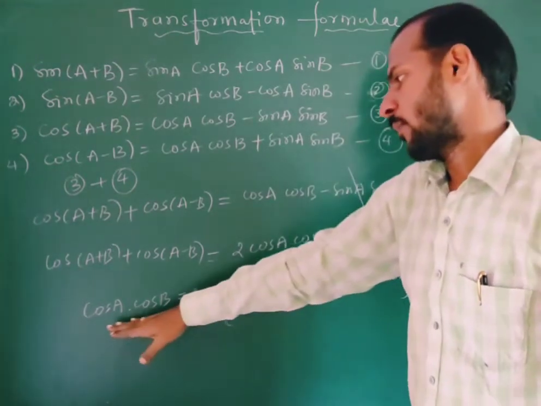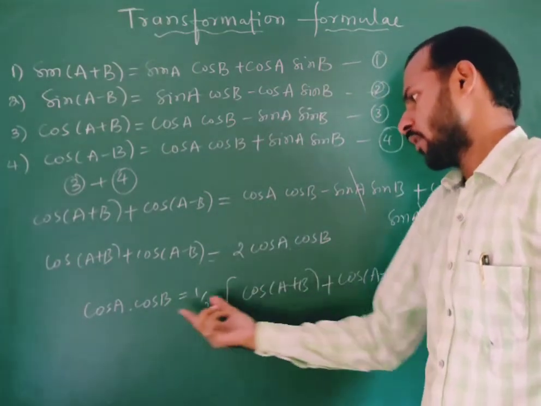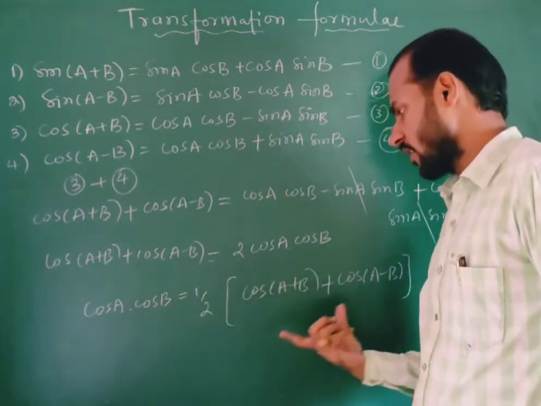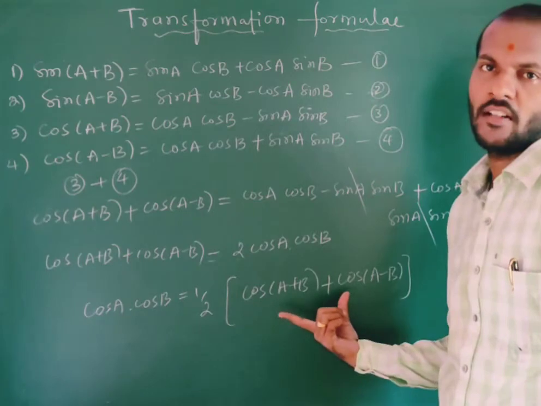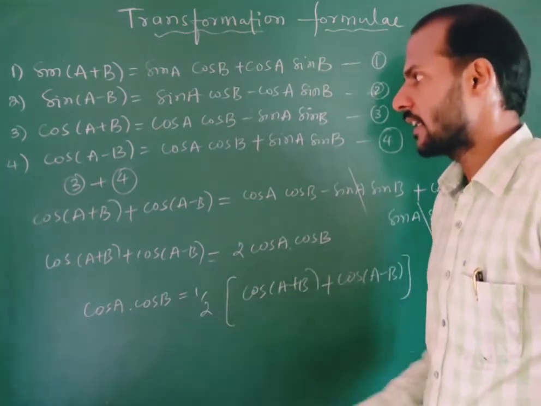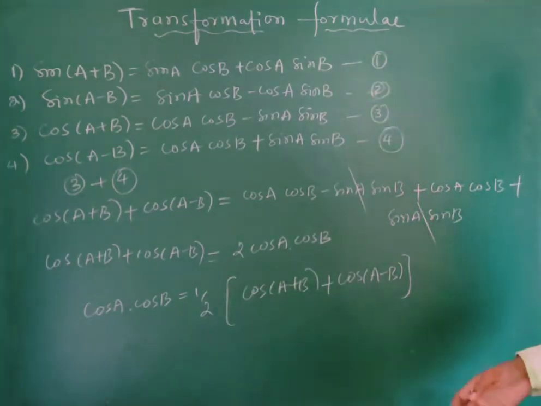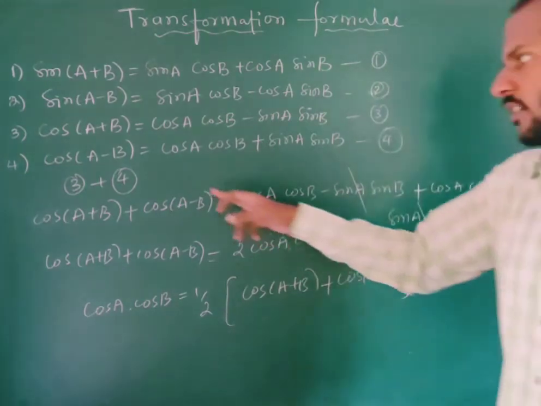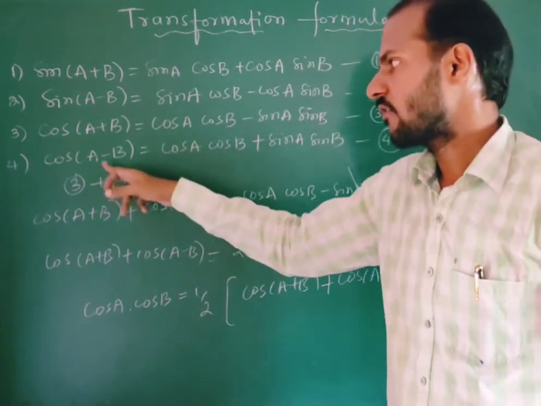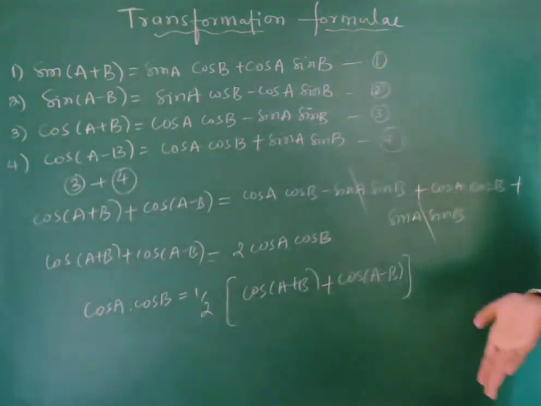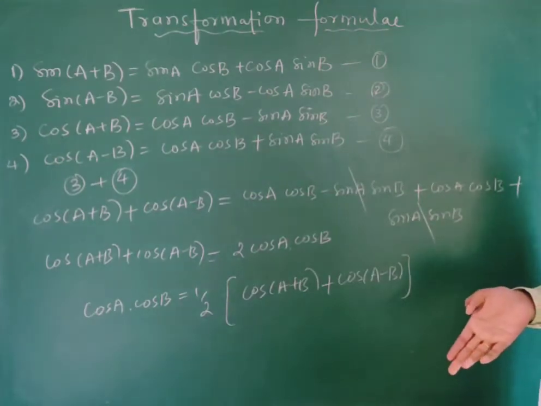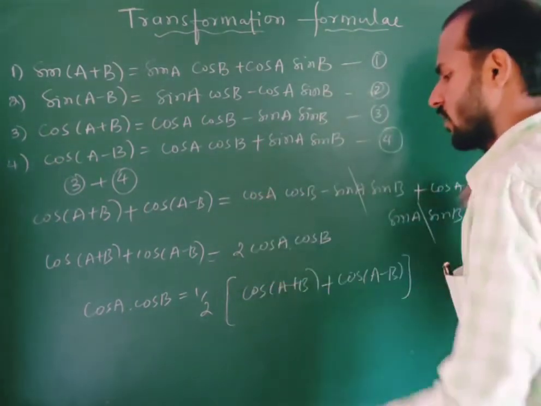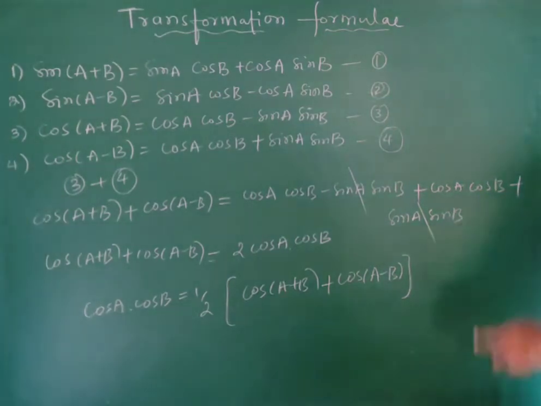Here the product of two trigonometric functions is converted into the sum of two trigonometric functions, right? Similarly, what we did here was add equations 3 and 4. Now again we can subtract 4 from 3, that is 3 minus 4, right? After this we do equation 3 minus equation 4.